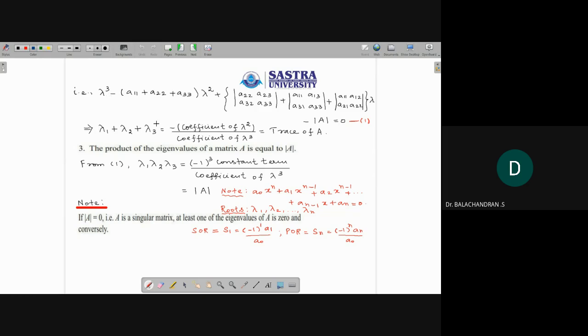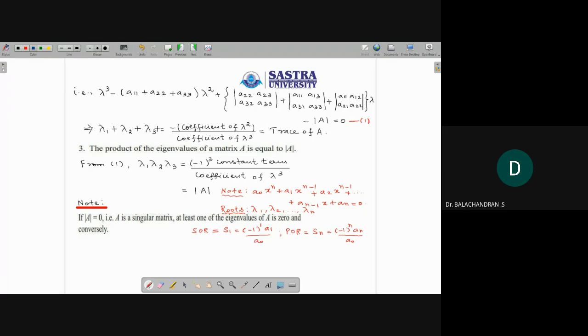So minus of minus plus, the numerator is A11 plus A22 plus A33, divided by the coefficient of lambda cube, which is 1. And then you can write trace of A. So property number 2 is over.